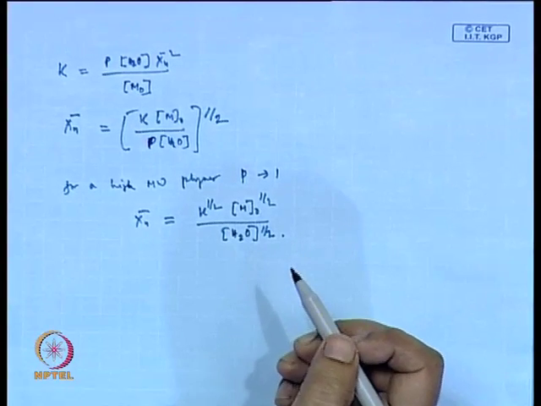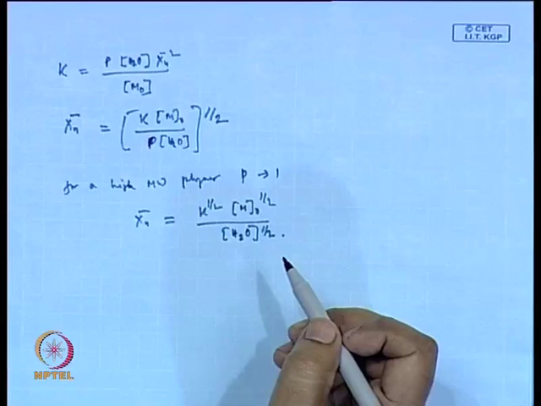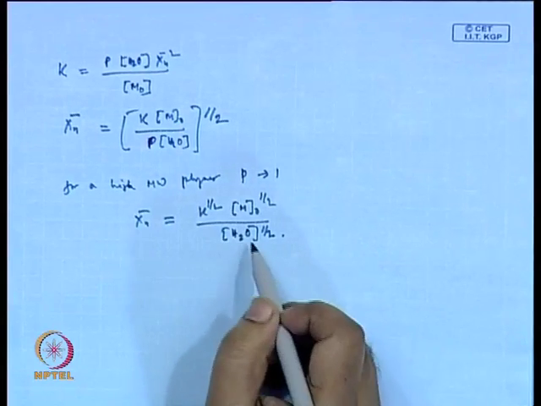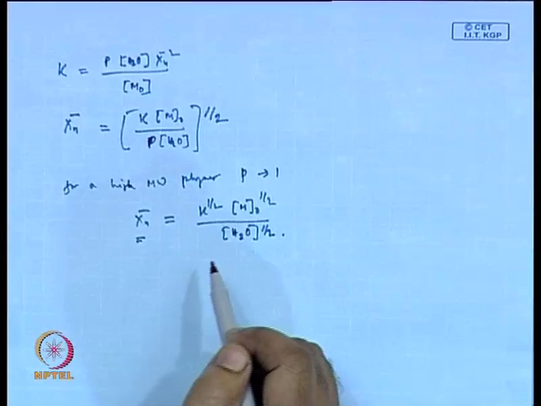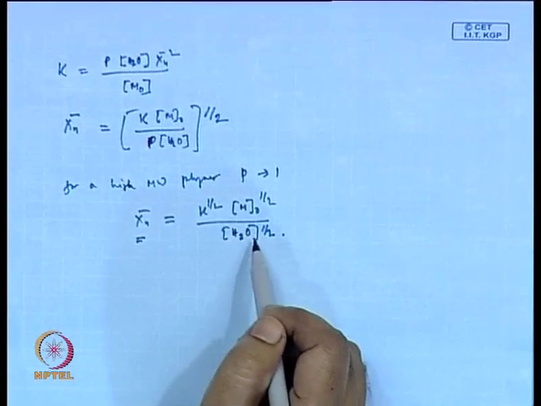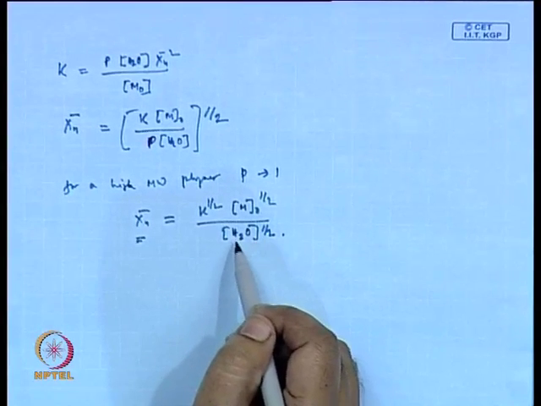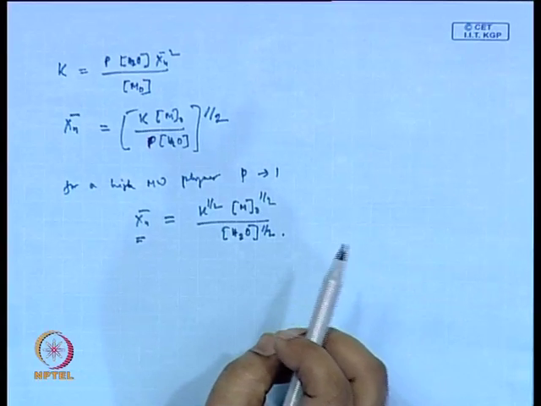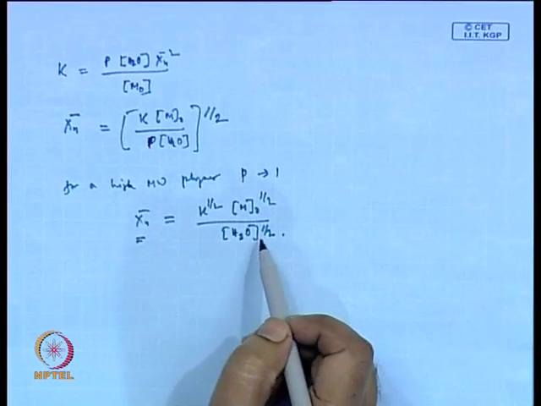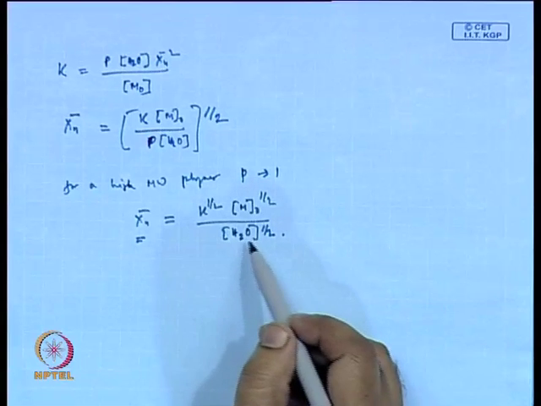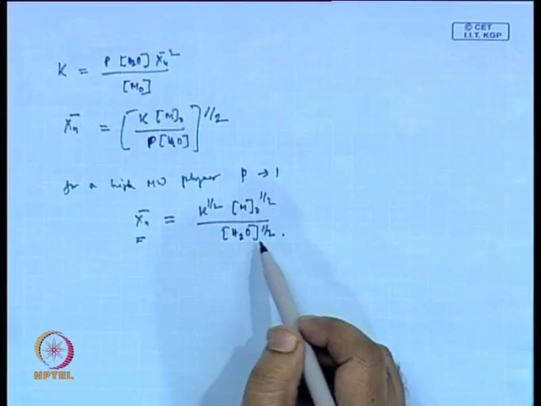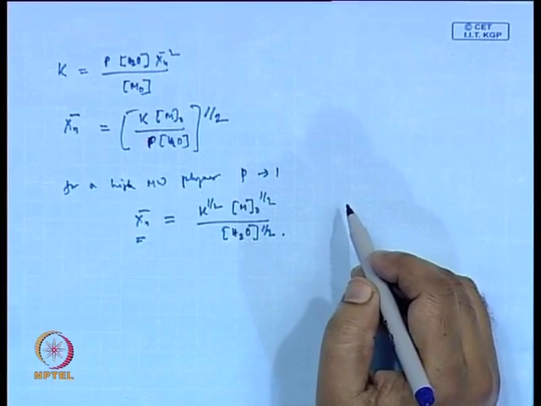So, what does it mean? This means that the Xn, the normalized molecular weight, is inversely proportional to the square root of the amount of condensate present. If I make a table with the corresponding numbers, how does it look?